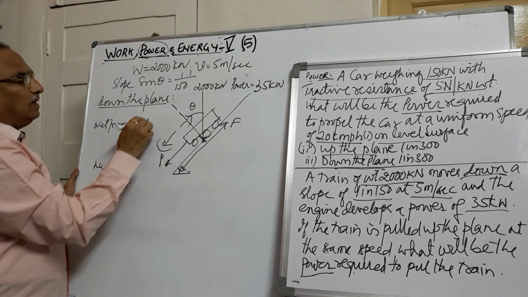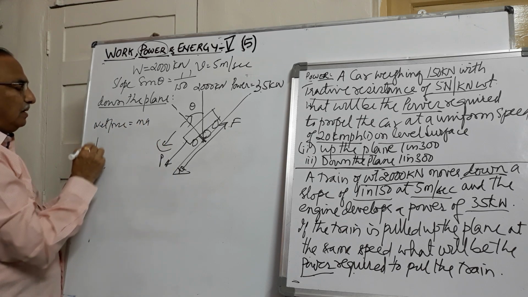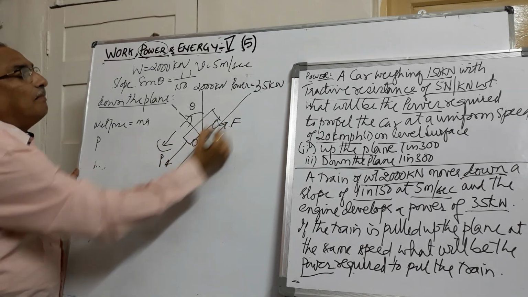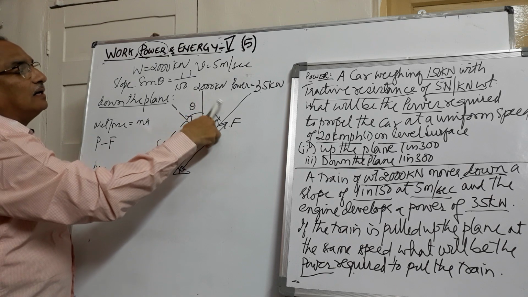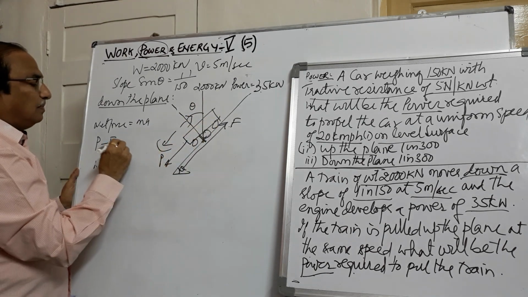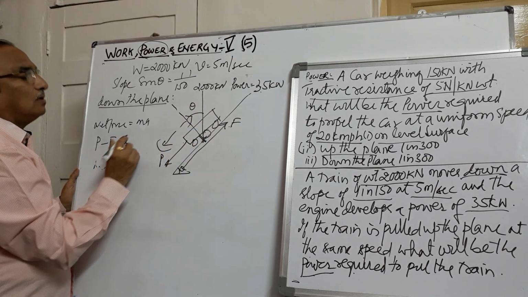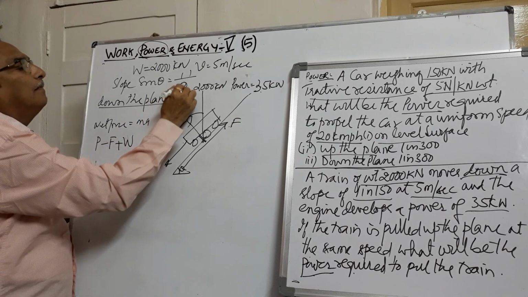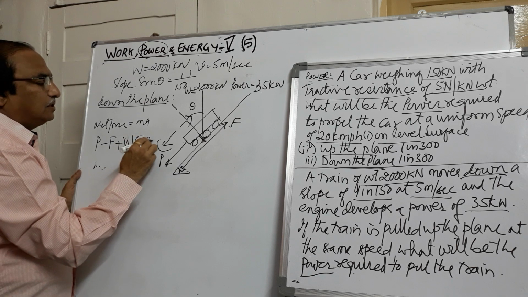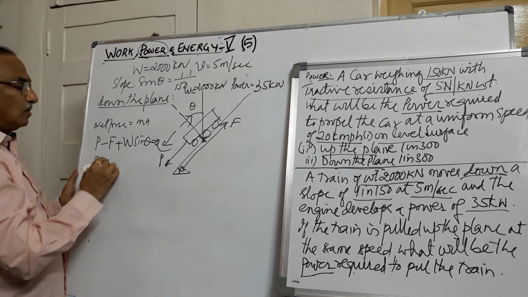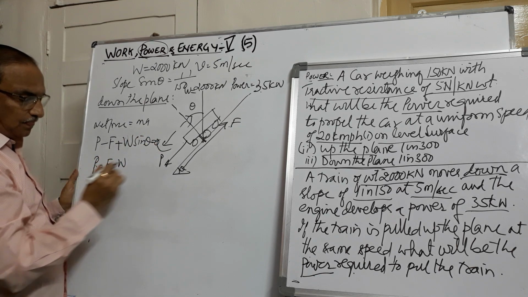So net force is equal to ma. Your net force is P minus F, and if I resolve it parallel to the plane, it will be down, so it will be plus 2000 W sine theta is equal to 0. So P will be equal to F minus W sine theta.